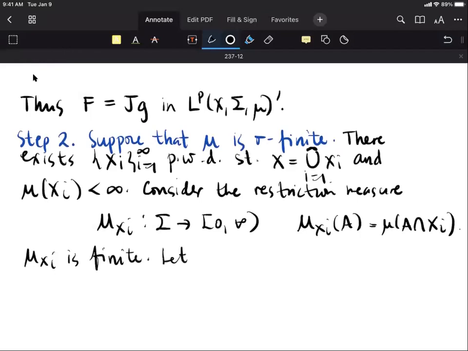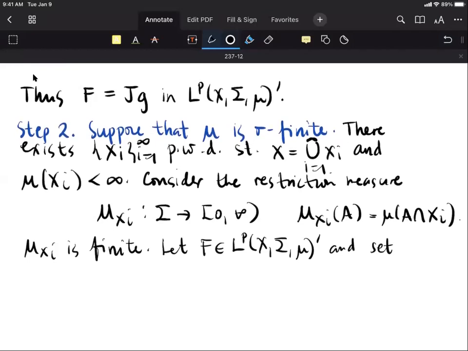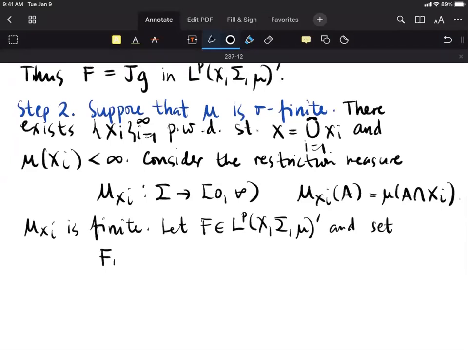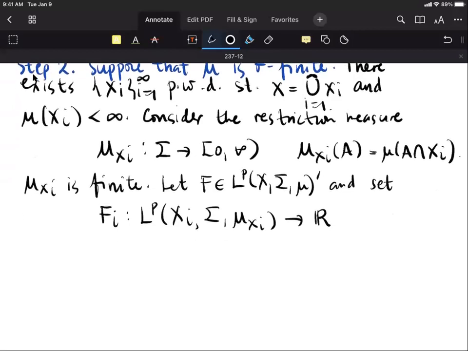Okay, so let us now take an element F in the dual of LP and set the map F sub I. This is a map in the restriction measure space into R as follows.